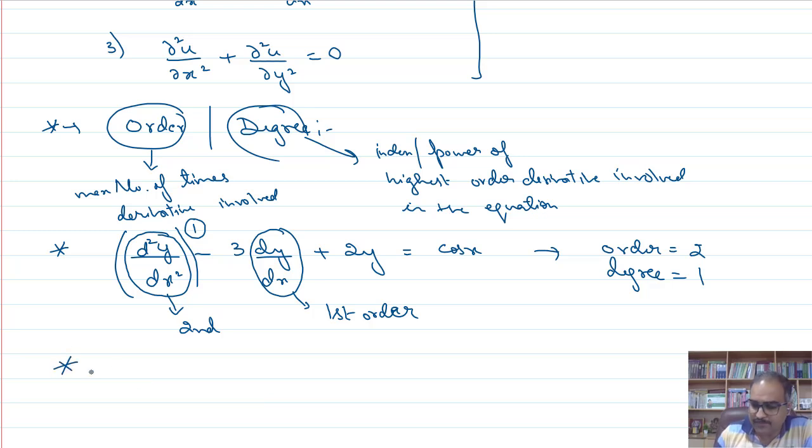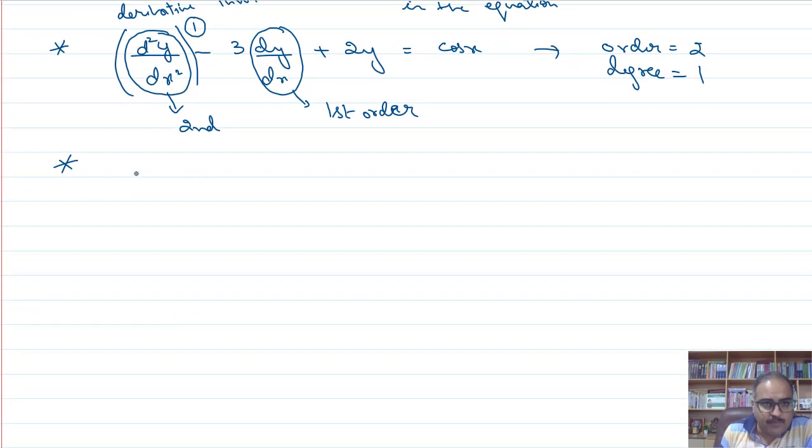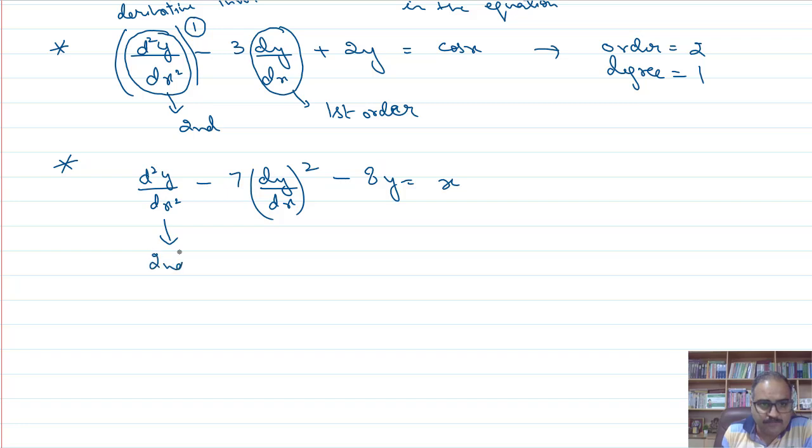One more example. Let it be d2y by dx square minus 7 times dy by dx whole square minus 8y is equal to x. Now this one is of second order, this one is of first order.